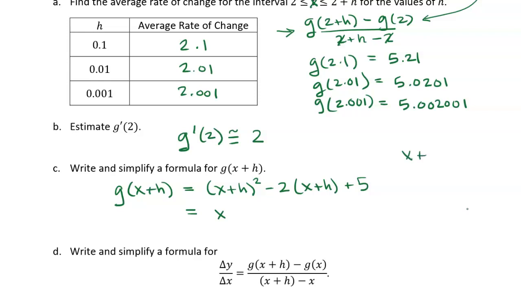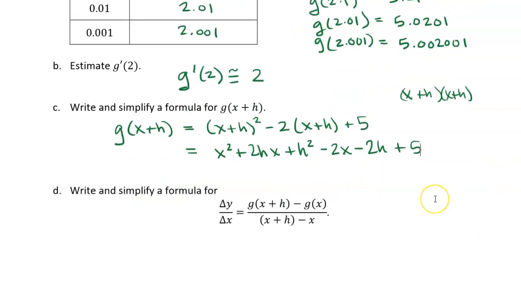It's essentially x plus h times x plus h, and we can FOIL that out. So we get x squared plus 2hx plus h squared. And then I can distribute the negative 2, which is negative 2x minus 2h, and then plus 5. All right, so all I've done is just expand that out. I don't know if that's simpler, but I'm going to need to do that down here.